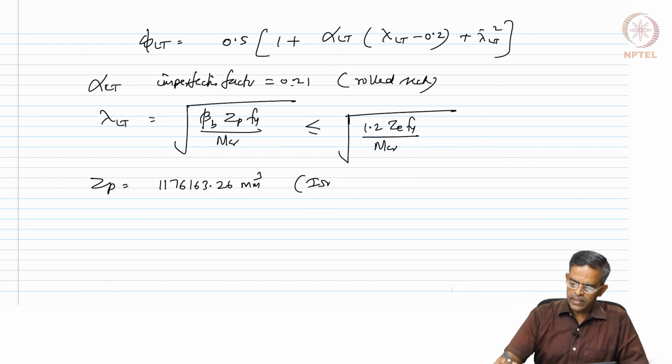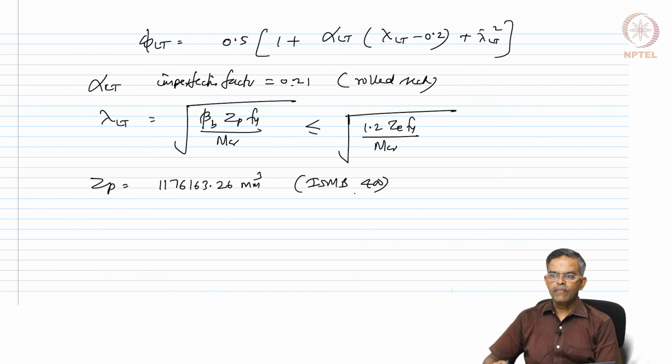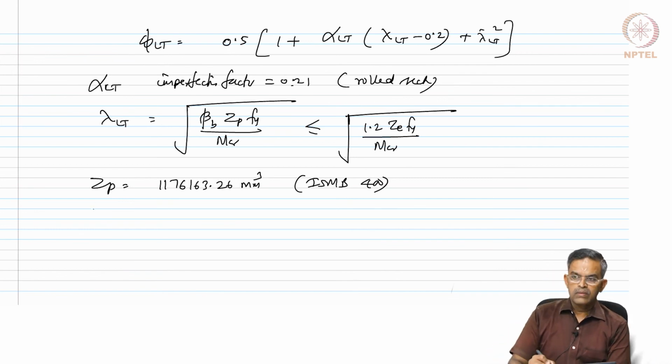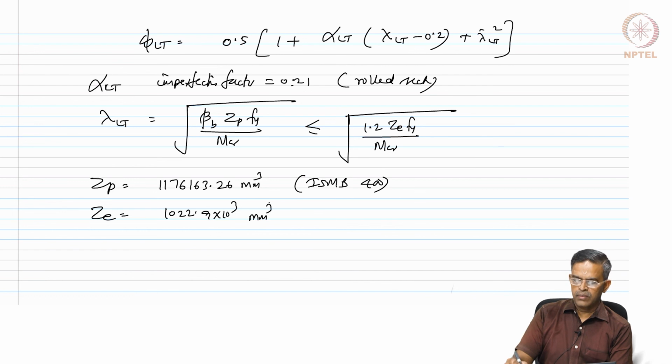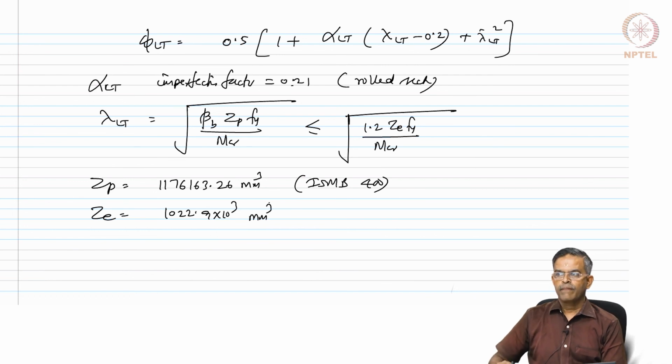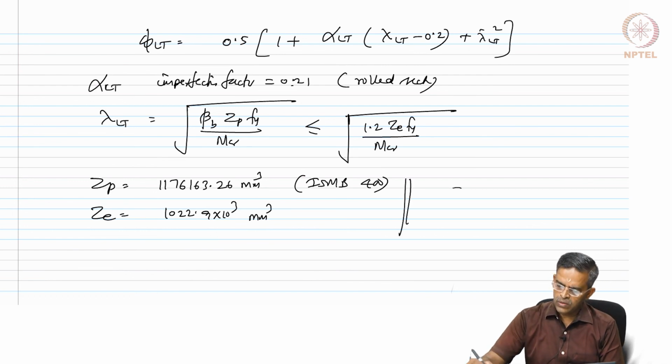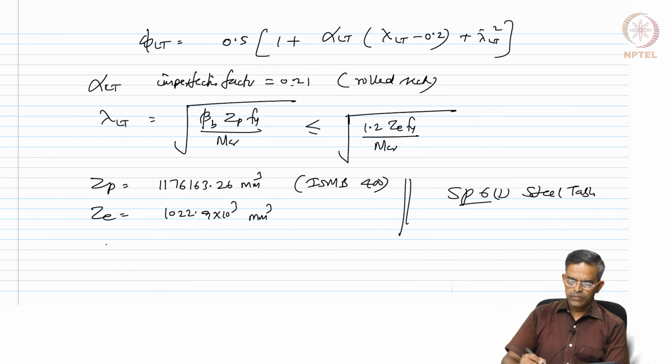This is for ISMB 400. Ze is 1022.9 10 power 3 mm cube. We can refer to these values from SP 6 steel tables.